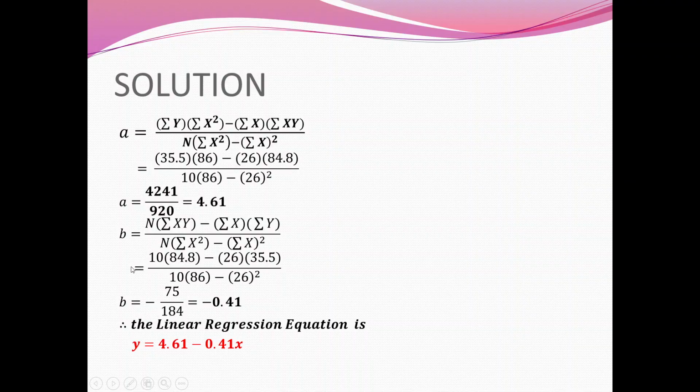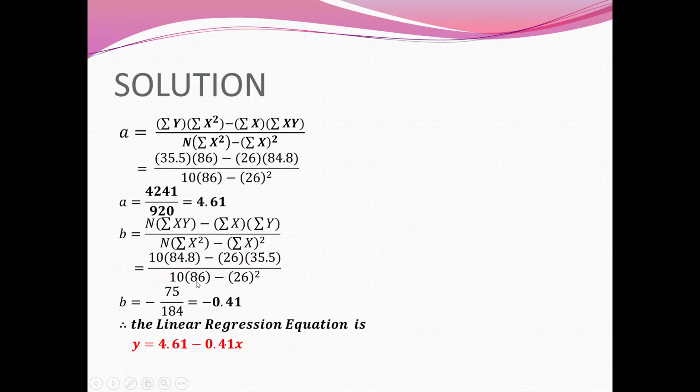Substituting the values that we have, for the number of cars, we have 10 cars, so we have 10 here, and then the sum of the product of xy is 84.8 minus the sum of x, which is 26, to be multiplied by the sum of y, which is 35.5. Divided by the number of observations as 10, the sum of x squared is 86 minus the sum of x, 26, raised to square.